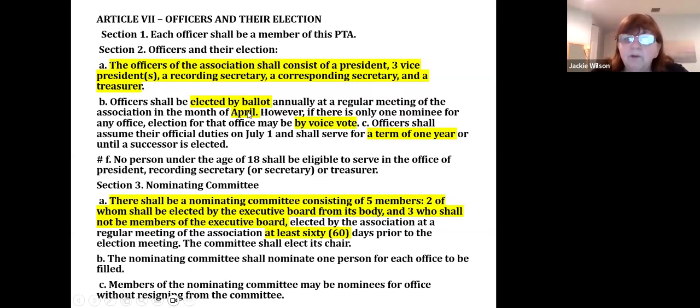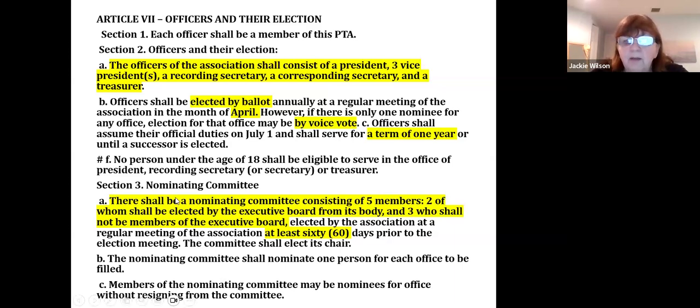So right away, April is your election month. And again, this is in your own unit's bylaws. If there is only one nominee, then you can have an election by voice vote. And officers shall assume their duties on July 1 and shall serve for a term of 1 year or until a successor is elected. So these are 1-year terms in this particular unit.